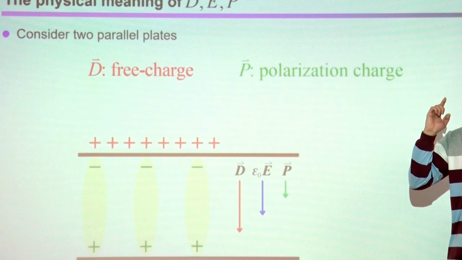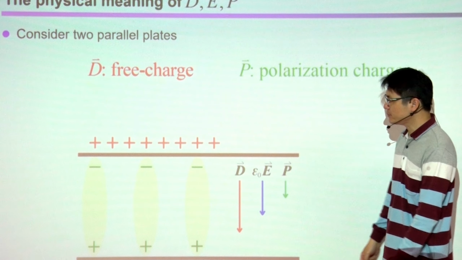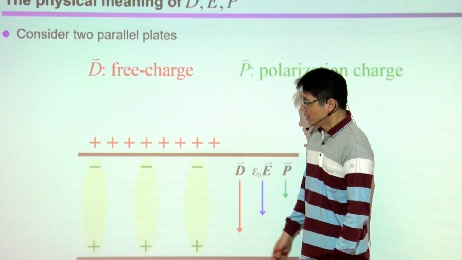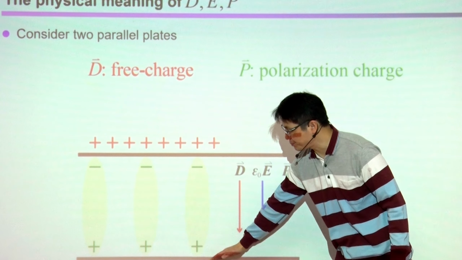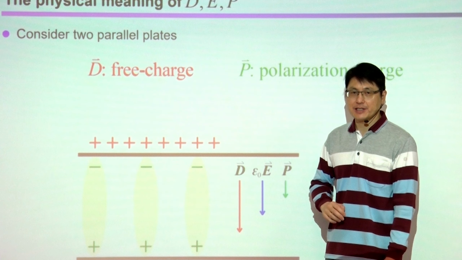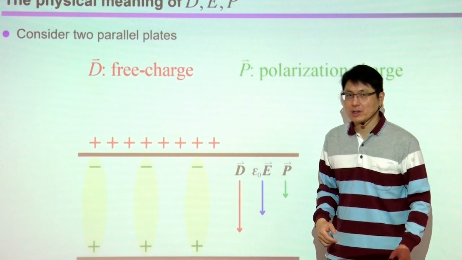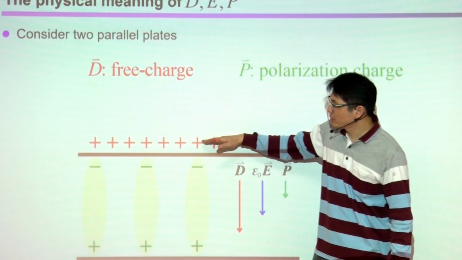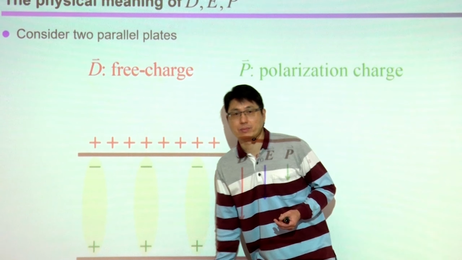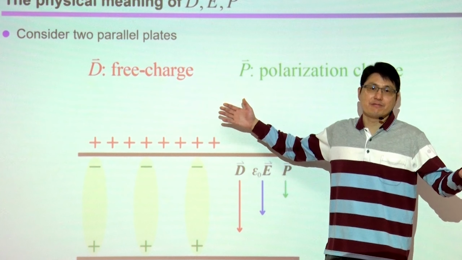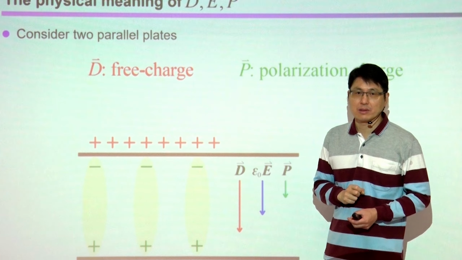Remember, as I talked over and over, repeatedly, we have a given dielectric material within these black lines, and we apply external fields. You can imagine the externally applied field is the result of free charges, right? Because in vacuum, you want to create field, you have to have free charges.